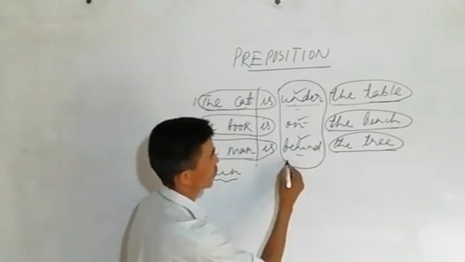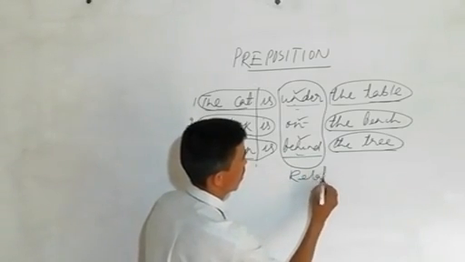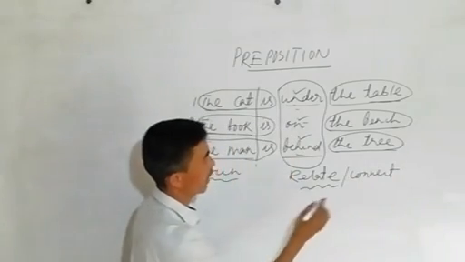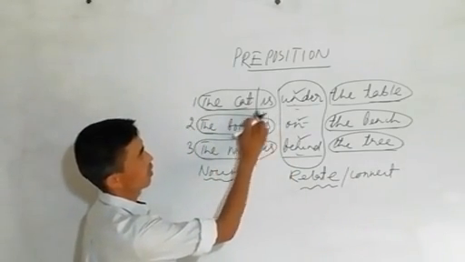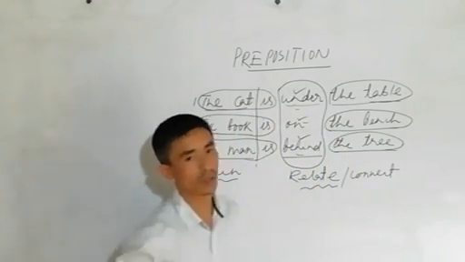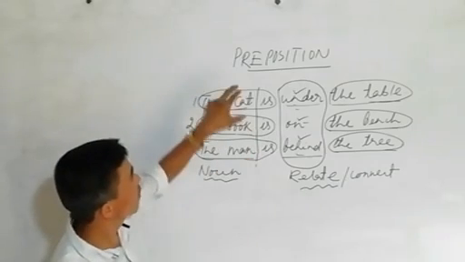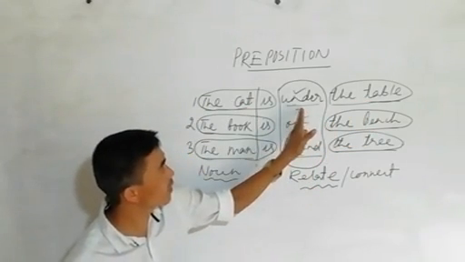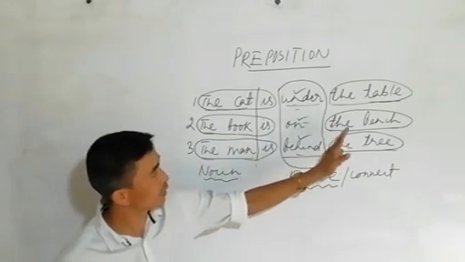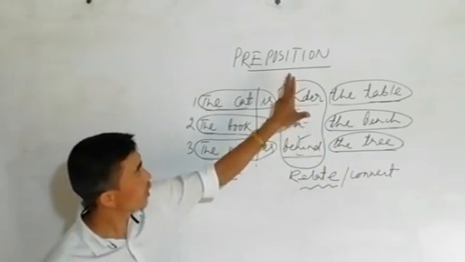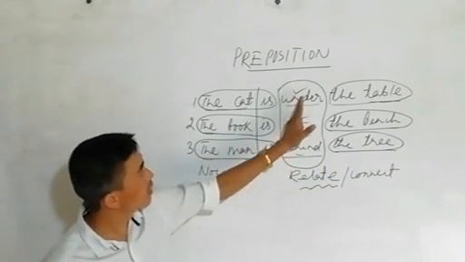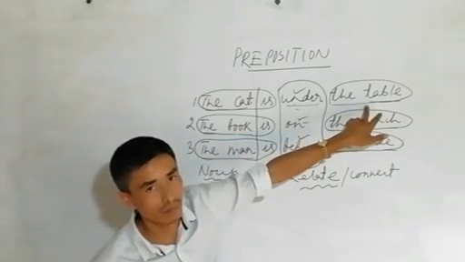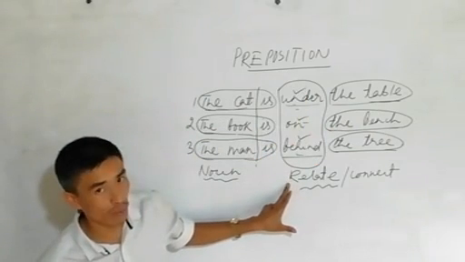From here, we can say that under, on, and behind connect the parts of a sentence. Number two, they relate. They relate and they connect this group of words to this group of words. This group of words is related to this group with under, and this group is related to this group with on.